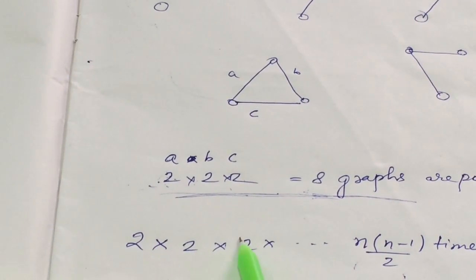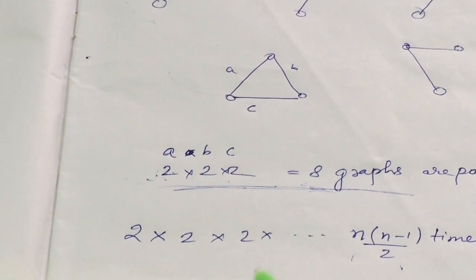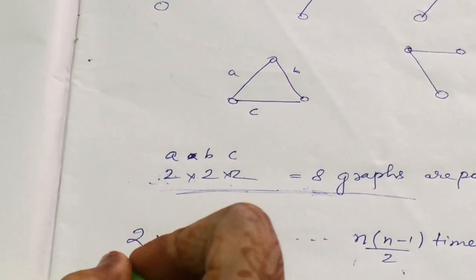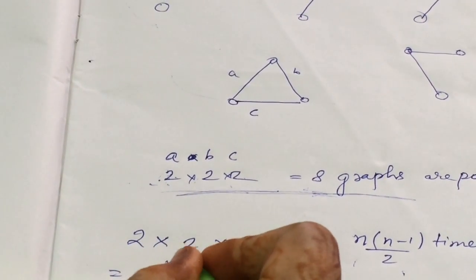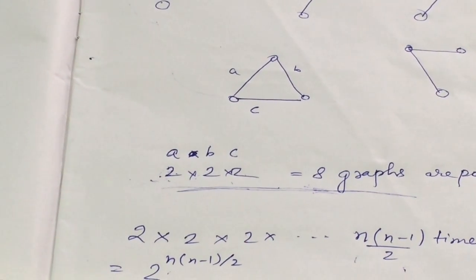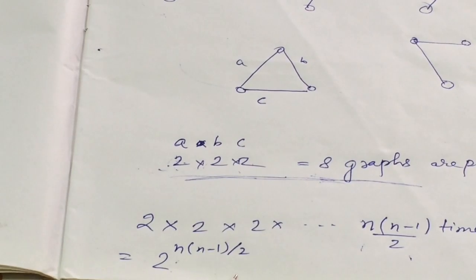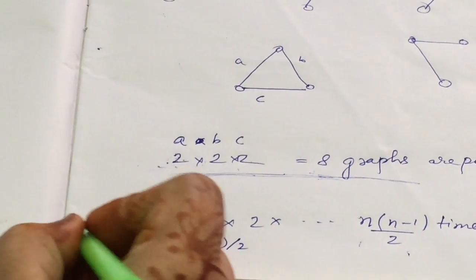Then the total number of graphs possible will be 2 into 2 into 2, because every edge has a possibility of 2. Multiplying, it becomes 2 to the power of n into n minus 1 by 2. So the total number of graphs possible will be 2 to the power of n into n minus 1 by 2. You write it down.